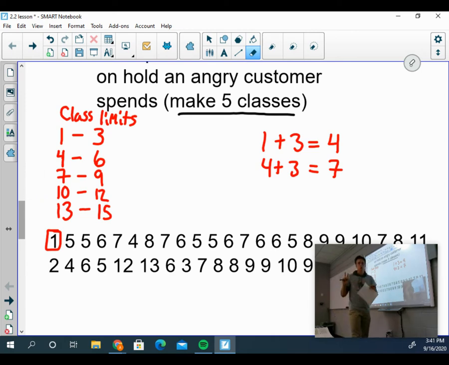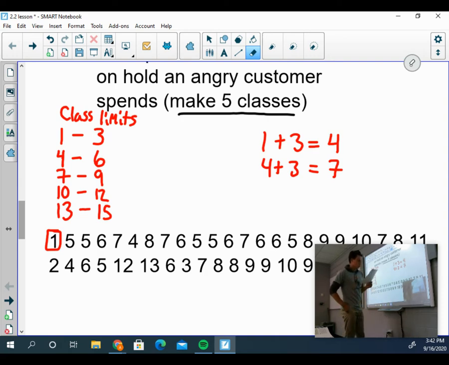Again, if you want to pause the video at this point because you're confused, let me know. But basically what we did is once we had our class width, we started with the smallest data value, added the class width to it, created the lower class limits, then we looked and said, okay, if the next class is starting here, say at 4, where does the previous class need to end? 1 before that.